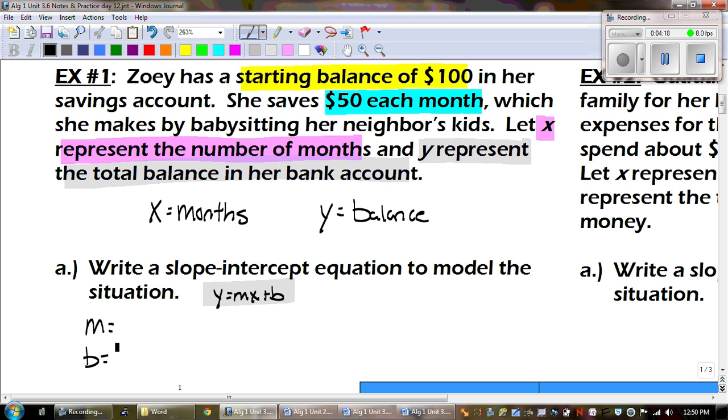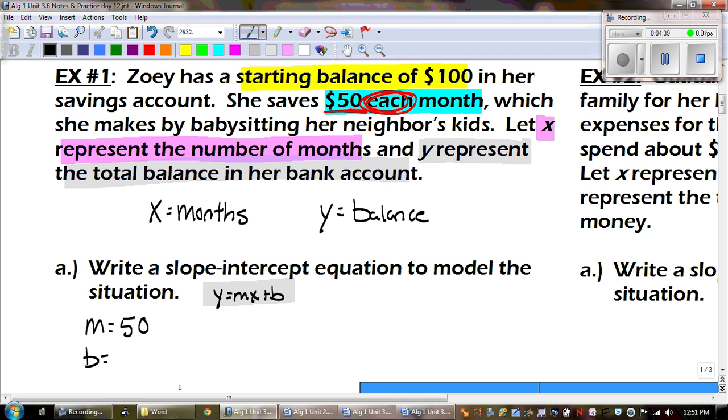So for slope, we're looking for the word per, each, of, or every. And I see the word each right here. So that's $50 each month. So you're telling me that the slope is 50.